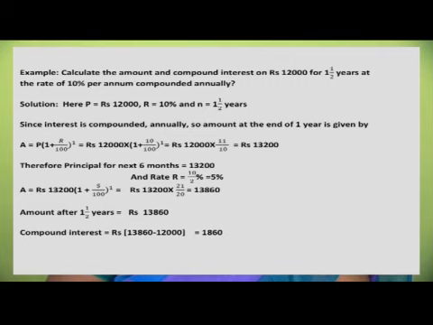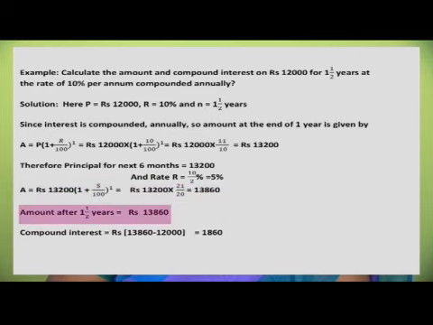Therefore, the principal for the next 6 months becomes 13,200 and rate R is equal to 10 by 2%, which is equal to 5%. So, the amount at the end of 1.5 years may be calculated as A is equal to rupees 13,200 multiplied by 1 plus 5 by 100 the whole power 1, which may be simplified as 13,200 multiplied by 21 by 20, which is equal to rupees 13,860.